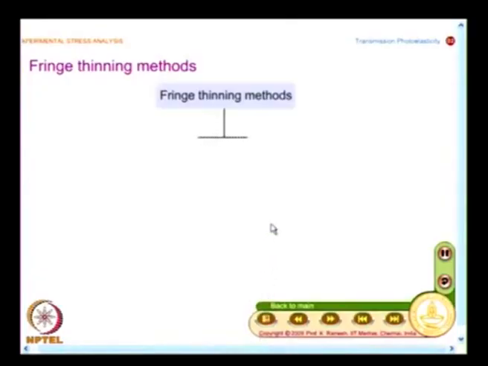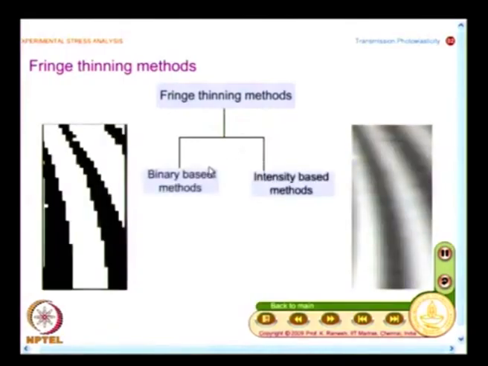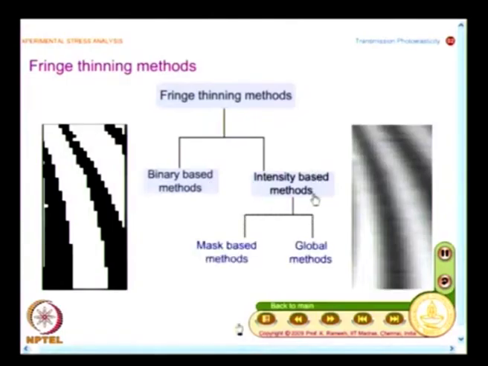I can classify fringe thinning methods broadly into two categories. One is a binary based approach, another is an intensity based approach. We have just seen that what we see as a fringe has intensity variation over the bandwidth of the fringe.